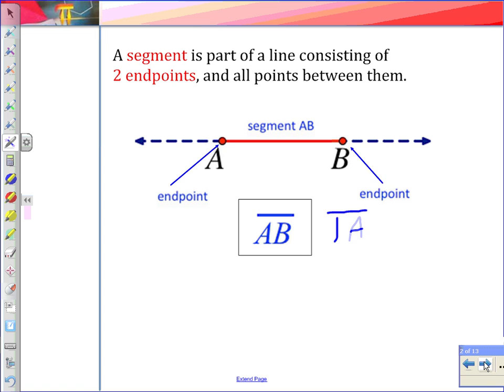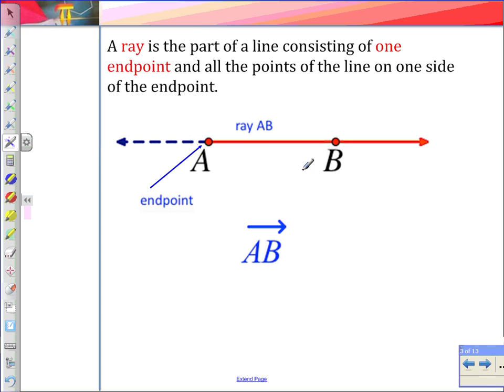Okay? So a ray is another part of a line, and it consists of only one endpoint this time. It doesn't have 2 endpoints because it's going to go on forever in just one direction. So here we see ray AB. It's on the line AB, but it starts at A and it goes through B. So this is really important here where we have ray AB like this.